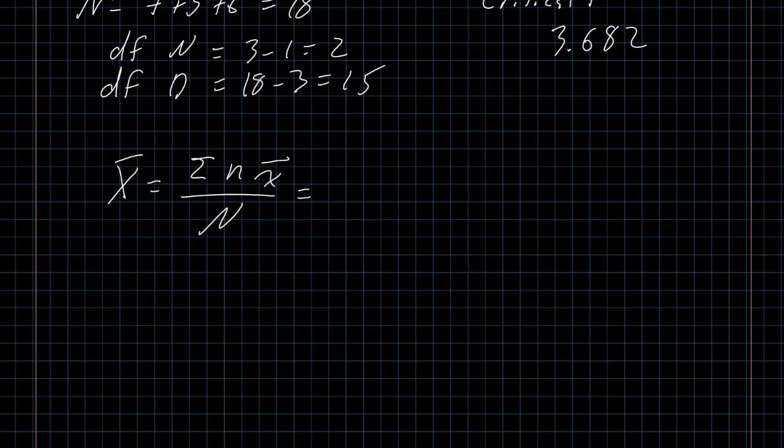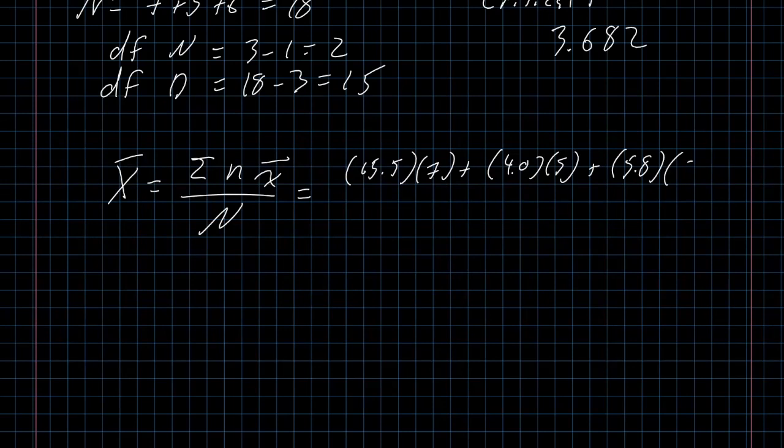But again, just 3 samples, so let's just deal with it. I have 15.5 times 7. I have 4.0 times 5. And I have 5.8 times 6. My calculator is happy to do the work for me from here.